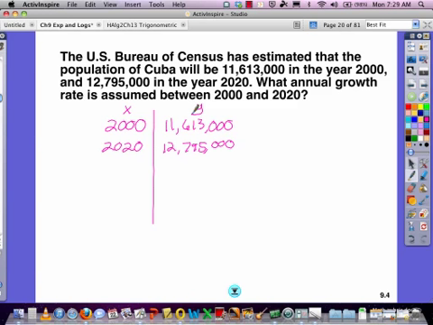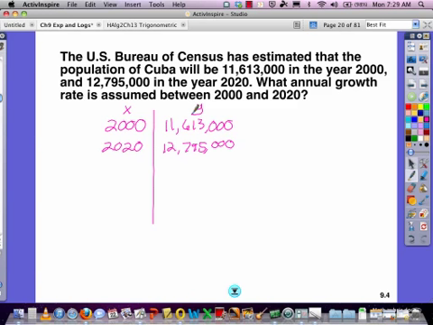So if you go to your calculator and we do the EXP combination, follow me with yours if you have it. We should go to Stat, Edit, because we have some lists that we're going to put in. Make sure you're entering your data in L1 and L2. L1 are our years, and we're putting them in as is. So 2000 and 2020.